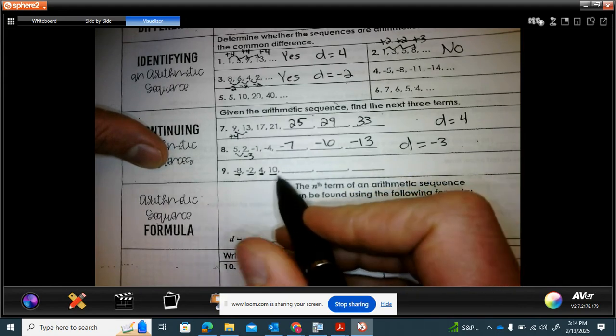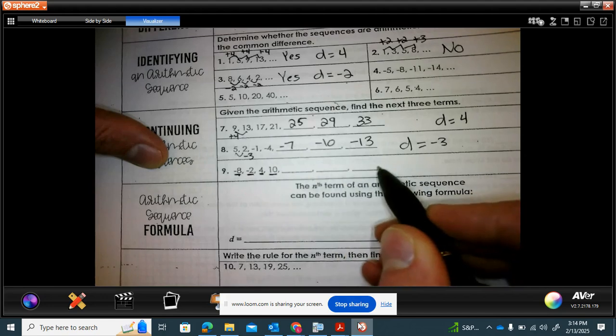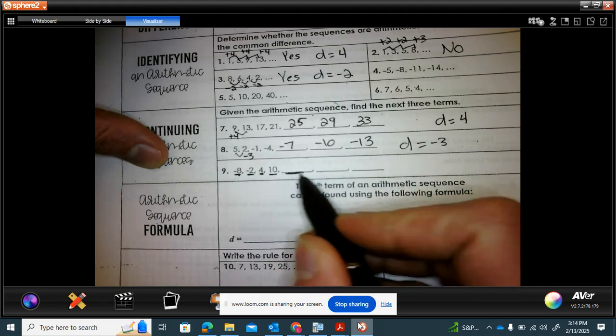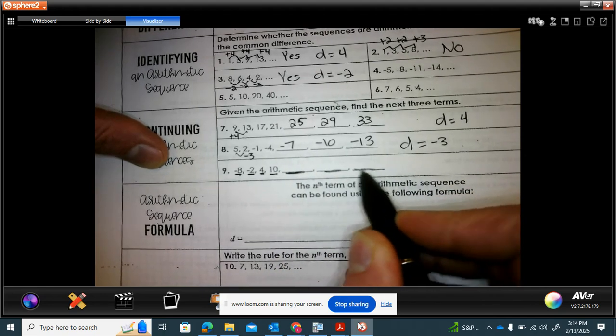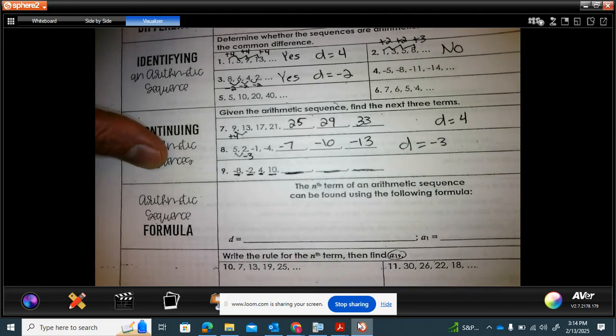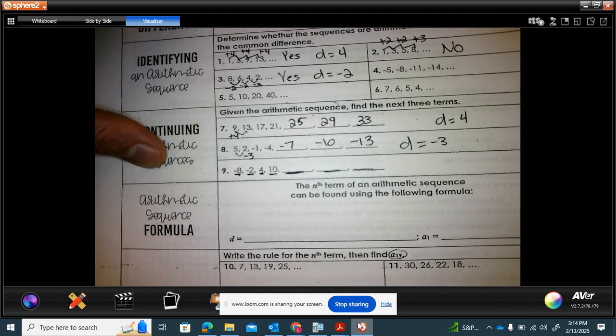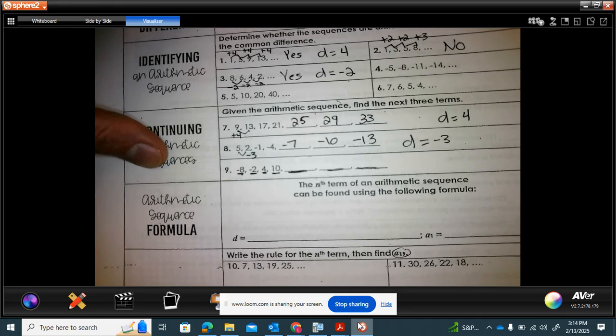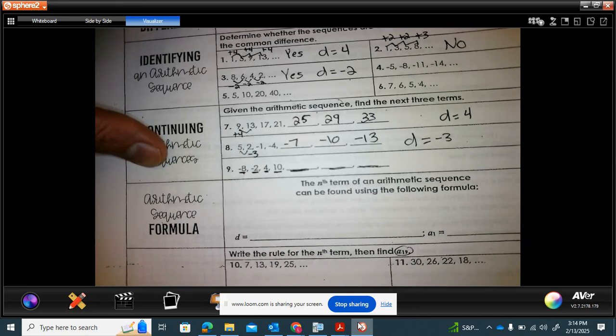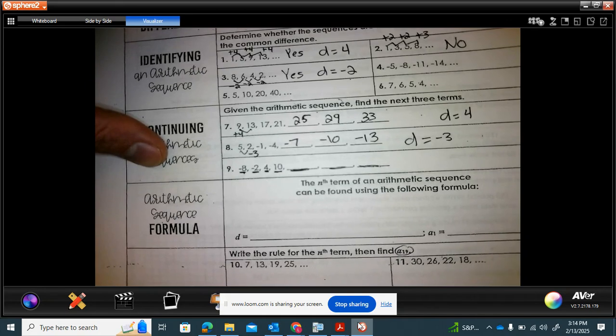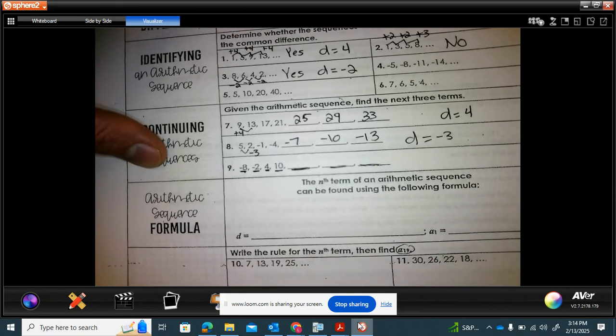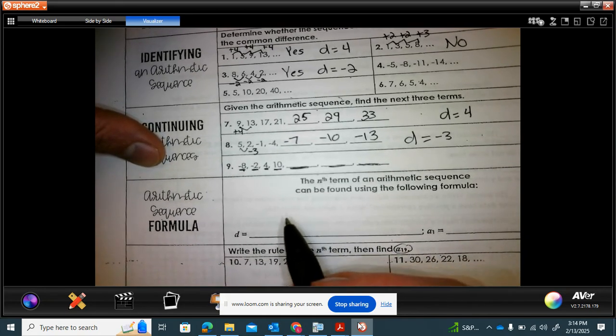And so I would have to continue the pattern, right? So this first blank would be the fifth term, the sixth term, the seventh term. If it wanted to know like the 112th term, it would be a lot of counting. So instead of counting the pattern every single time until you get to the 105th term or whatever it's asking for, there is a formula that will help you do that.